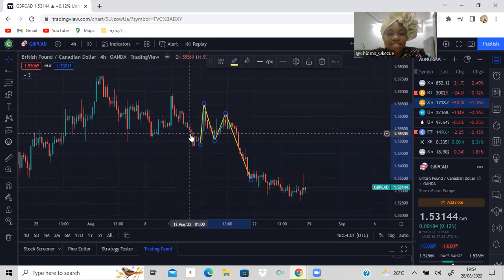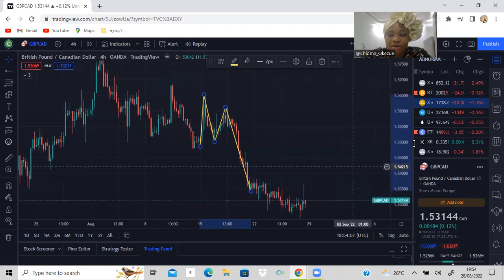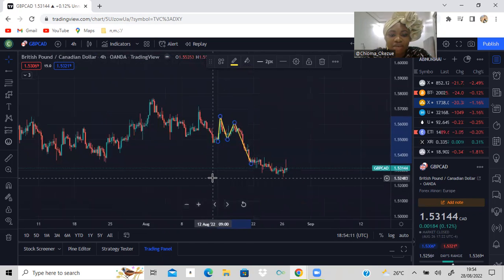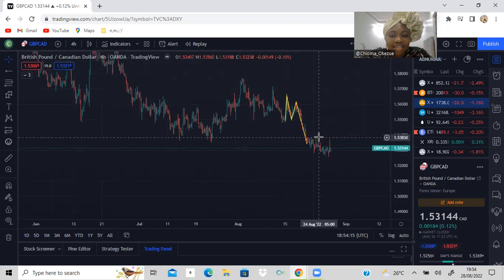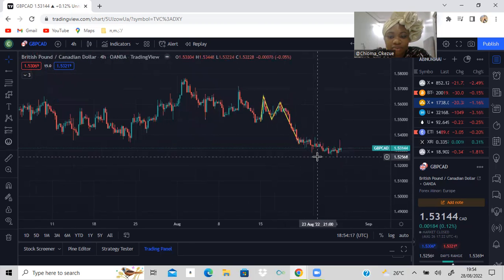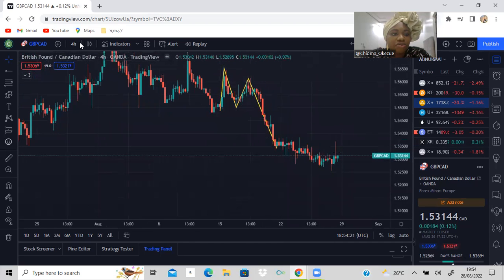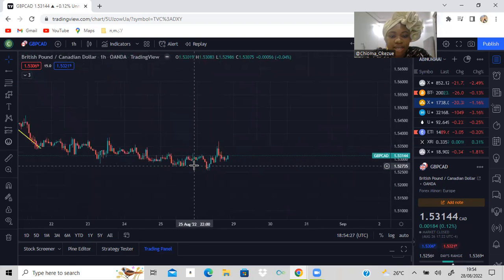All right, so we see this short formed M, and we already know what we are waiting for, but it might take some time for it to come back. So let me see if we can drop to a lower time frame to look for a better entry.